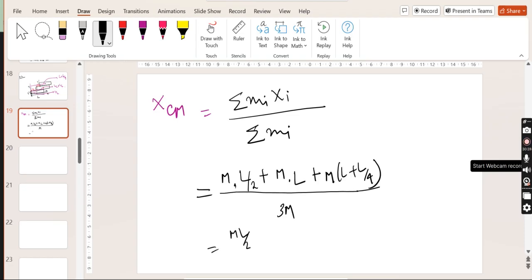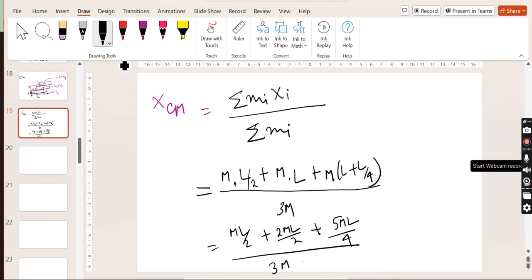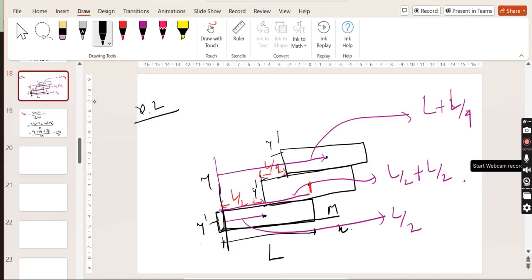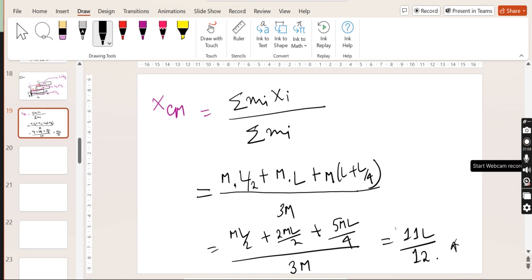It will be mL by 2, 2mL by 2 plus 5mL by 4, divided by 3m. That will be 11L by 12. So this is the center of mass in x direction from point A of the system.